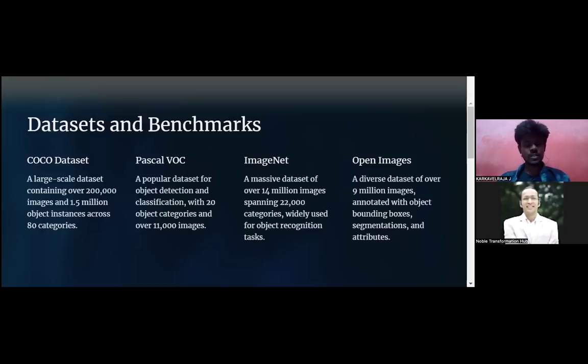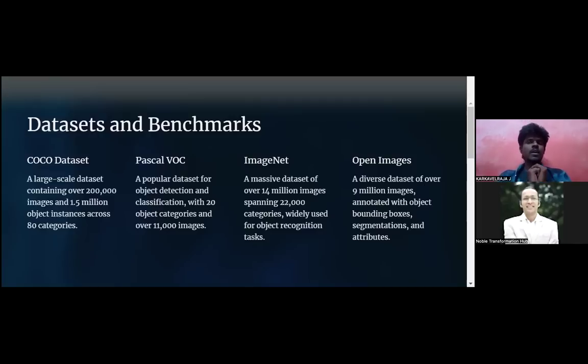Pascal VOC is another dataset. It's a popular dataset for object detection and classification with 20 object categories and over 11,000 images. Here also there are some common things like cat and dog. ImageNet is a massive dataset of over 40 million images spanning 22,000 categories, widely used for object recognition tasks.